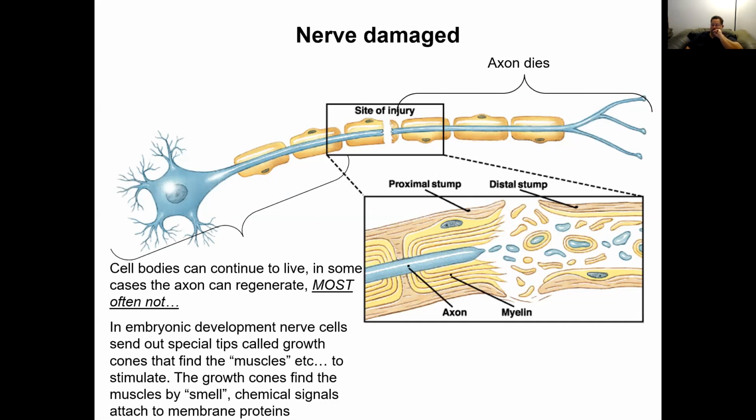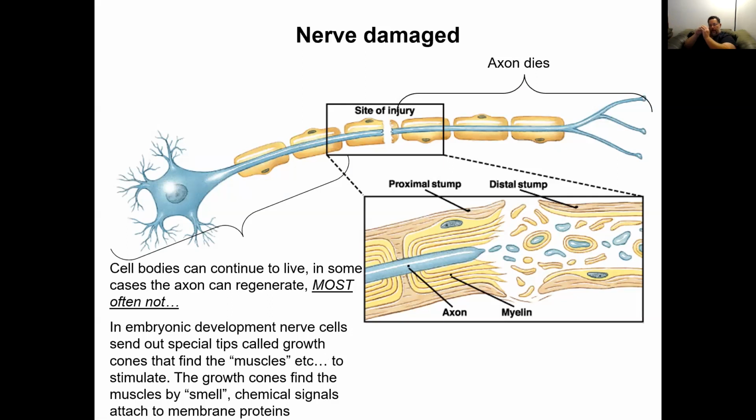There is some interest in trying to figure out how to solve that, maybe through stem cells, making new nerve cells. And they're also looking at the growth cones that help in figuring out where the axon terminal will travel.